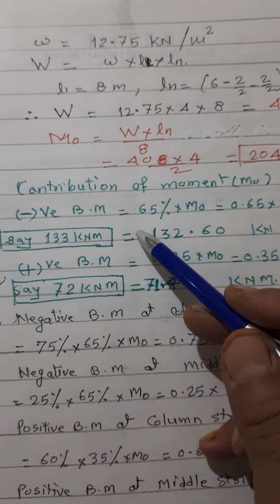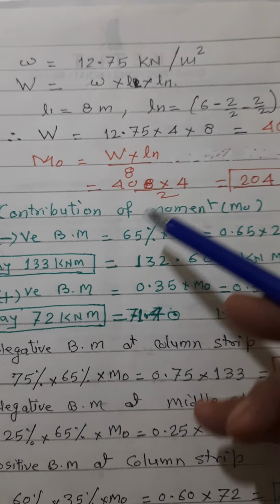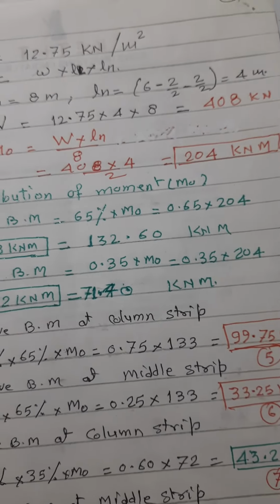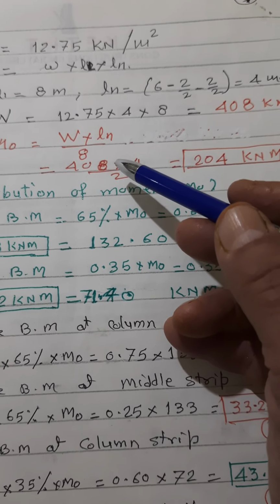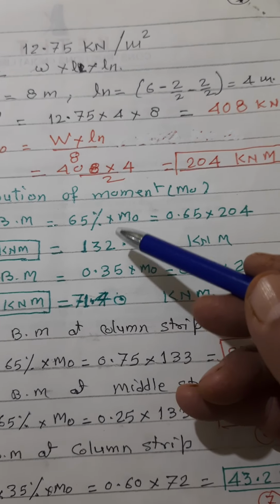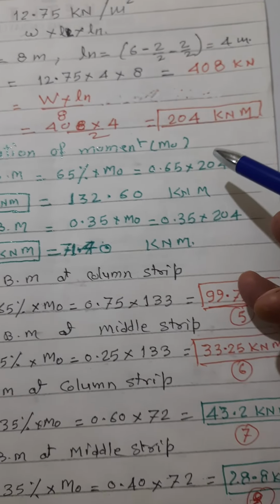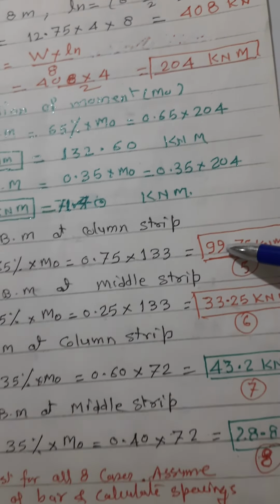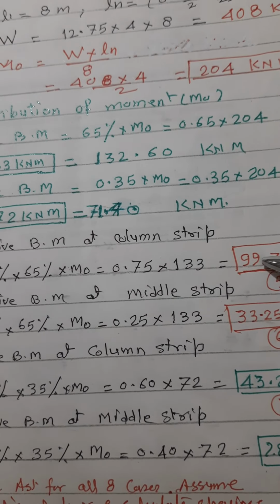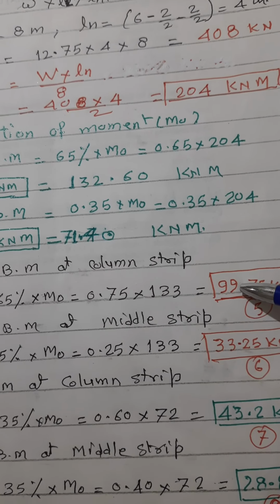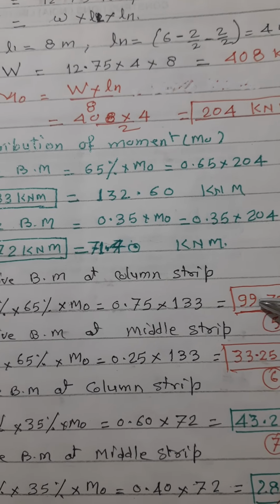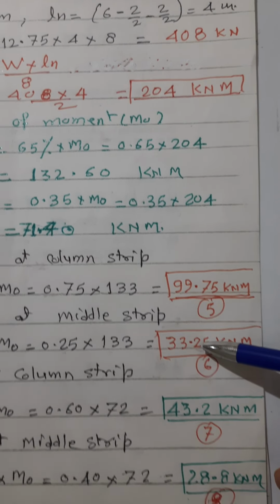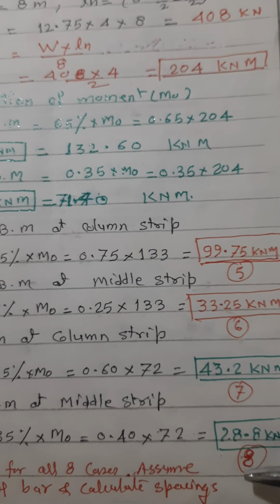Once we know this value, then again the contribution, as we have already calculated, 65% and 35% of the whole will be like this. Now the contribution towards the negative side is as usual 75% and 25%, and 60% and 40% in this direction.